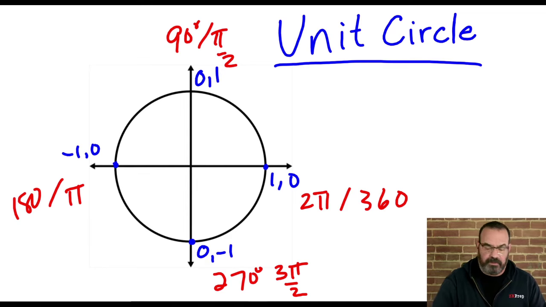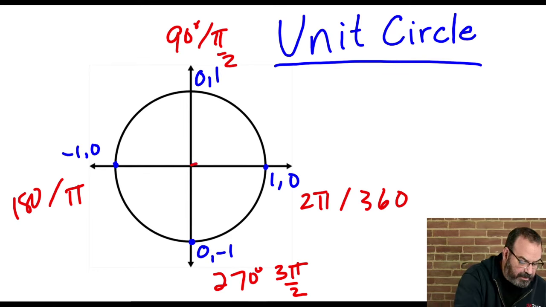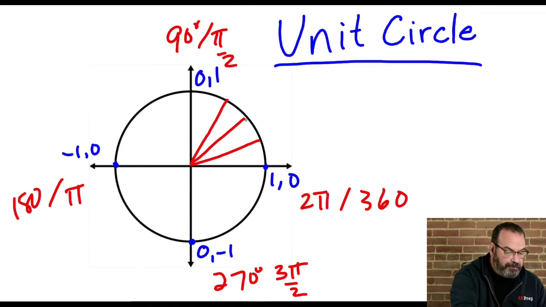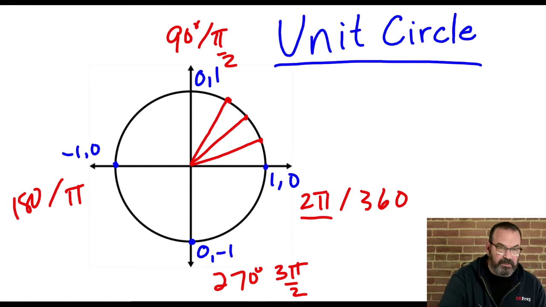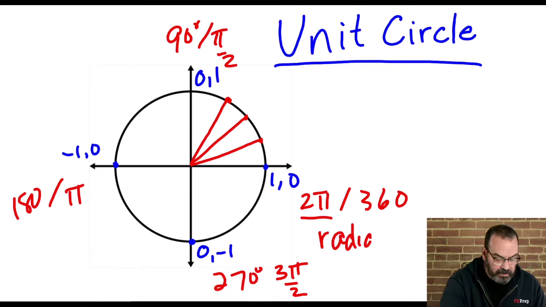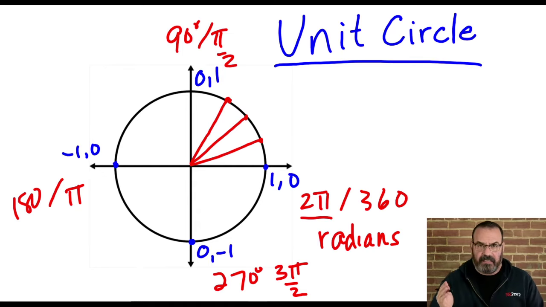The important ones to know are 30, 45, and 60, besides the 90s. And each one of them has a sine and a cosine as well as a distance. This distance around is measured in a unit called radians. And that is the arc length.